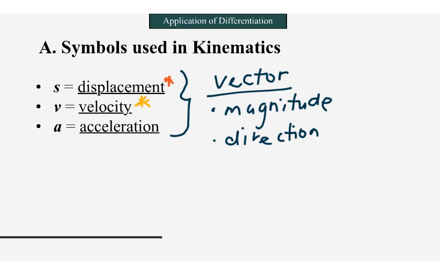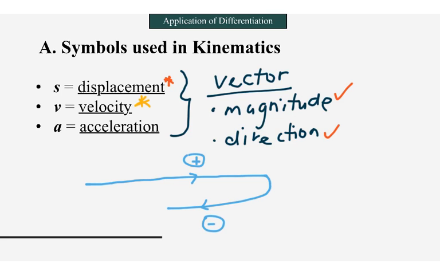But for velocity, if my travel along this direction is positive, then if I travel in reverse, it will give me a negative value. So in short, displacement, velocity and acceleration are vector quantities, so they cover both magnitude and direction.